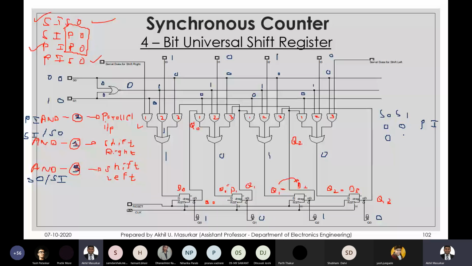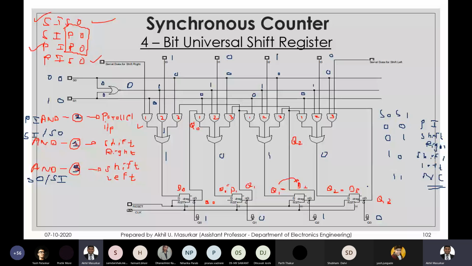So 0 1 means we have shift right operations, and 1 0 will be shift left. And what about 1 1? What if both are 1? Both are 1 means there will be no change. So this is what actually happens inside this 4-bit universal shift register.